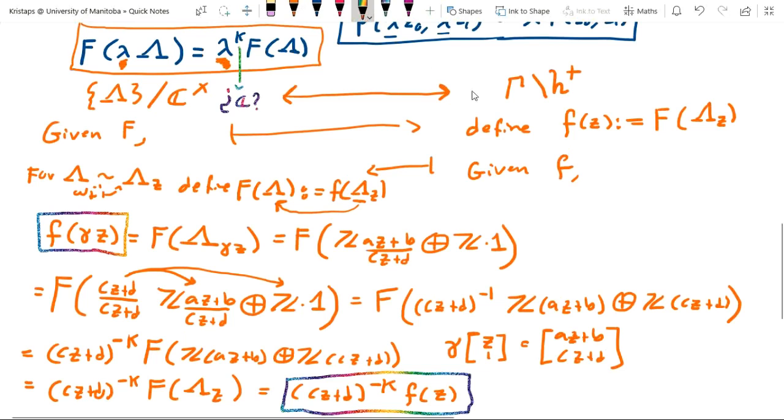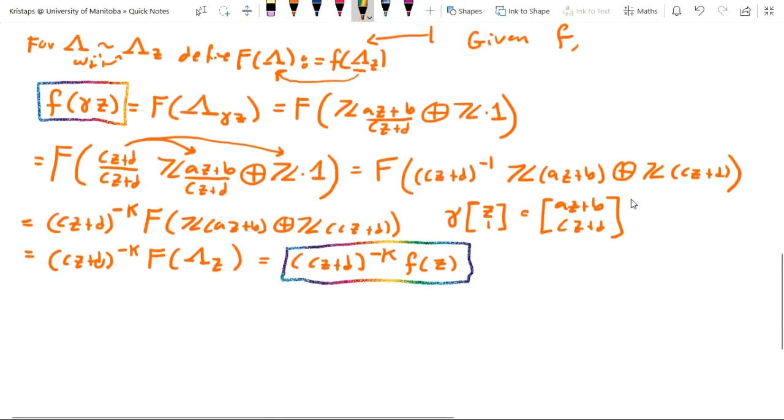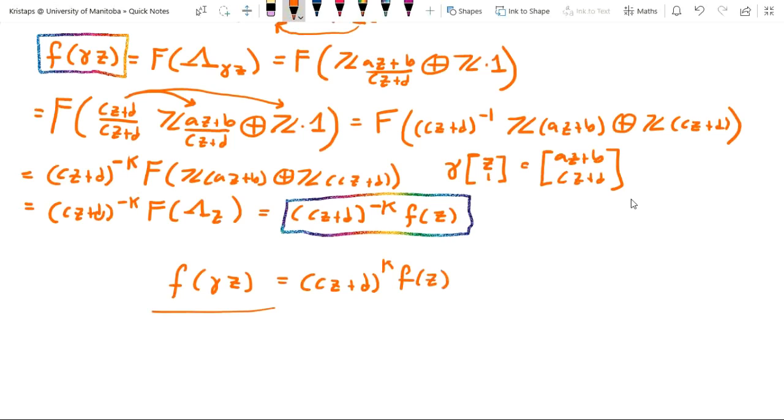So we'll see that this is not the case, and we restrict to other values. But for our purposes, it wouldn't make any difference if we had started with negative k in that definition instead. And so had we started with negative k on the lattice side, then this would give us the transformation property that you've probably seen before for weakly modular functions.